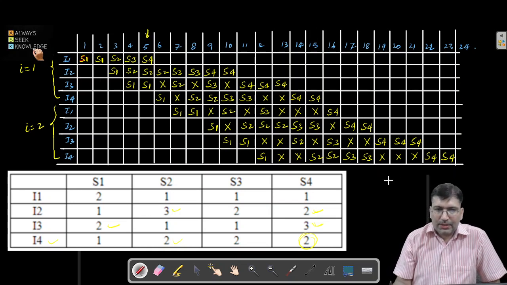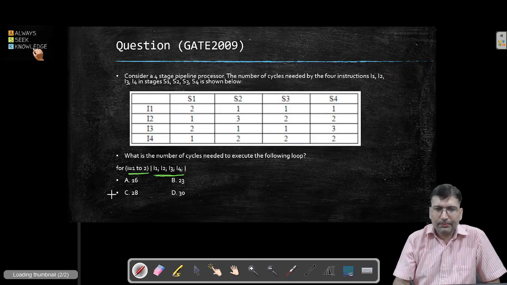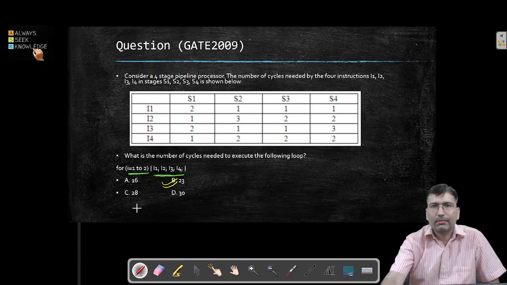So for the given question, to execute all these I1, I2, I3 and I4 2 times as per the loop, it will consume 23 machine cycles. So the answer for this question will be B, that is 20. Thank you everyone.